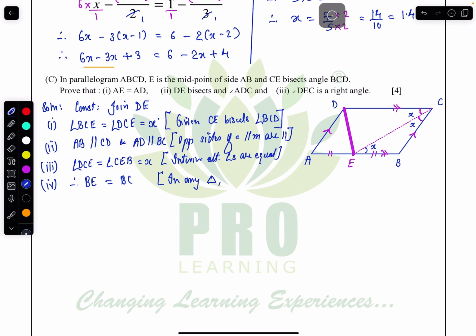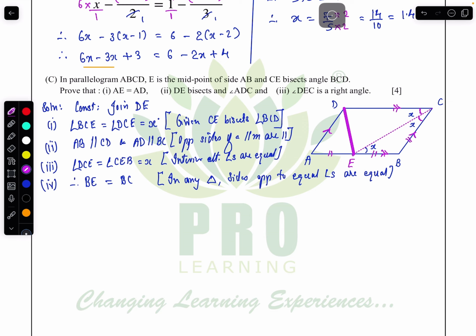Here we know these angles were equal. So this in a way has become isosceles for us.